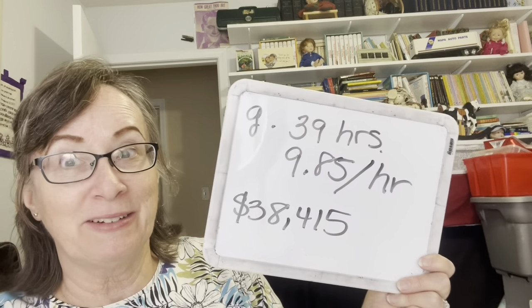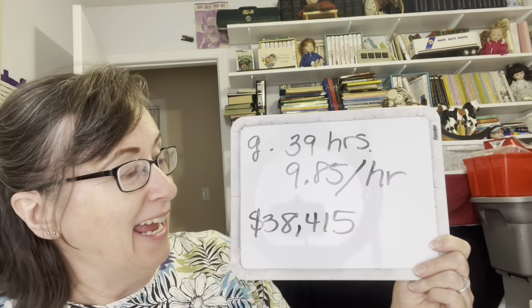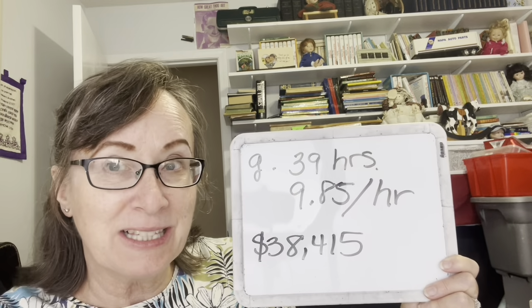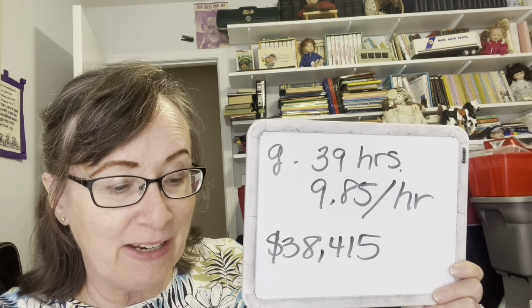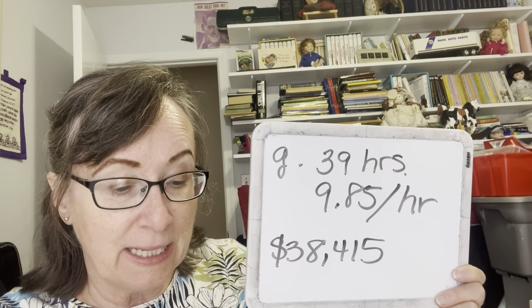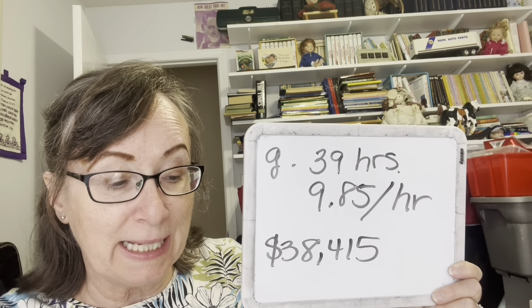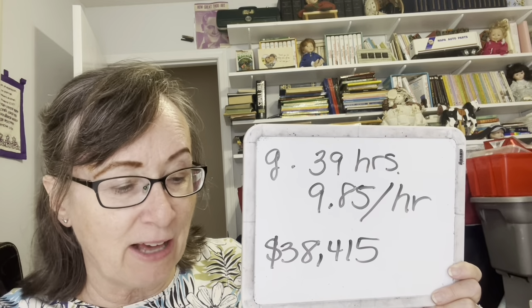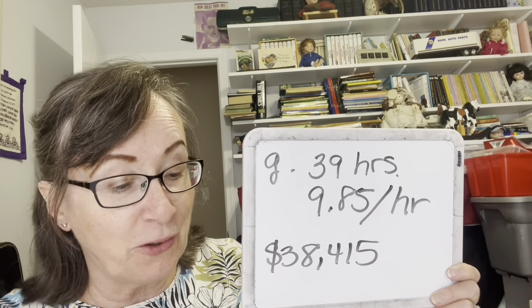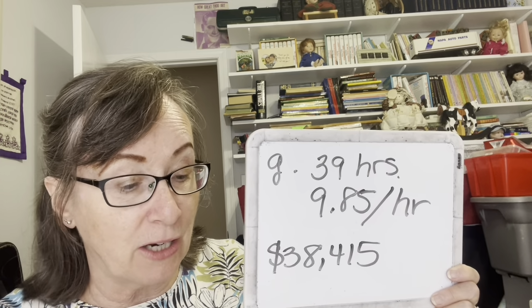All right, so now we're on G, and G says Gus works 39 hours for $9.85 per hour. He calculates that his weekly paycheck should be about $38,415.